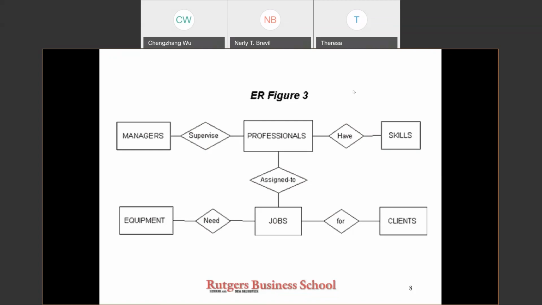Jobs need equipment. So this ER diagram on this slide can be further modified to show the jobs, clients, and equipment. So with these additions, you can see the ER diagram can depict many aspects of the operation of this firm.